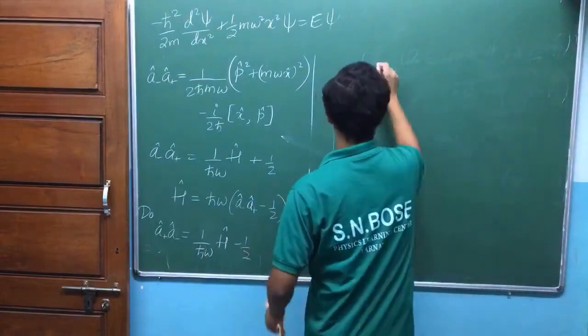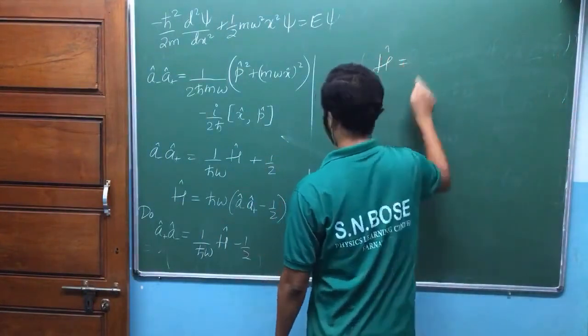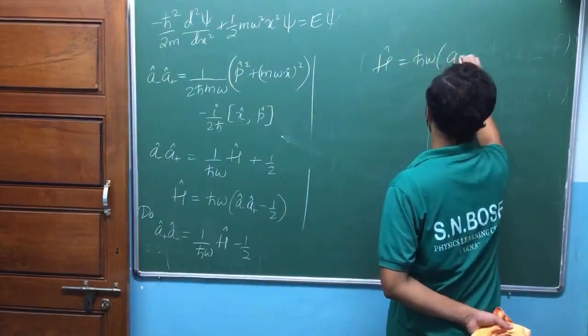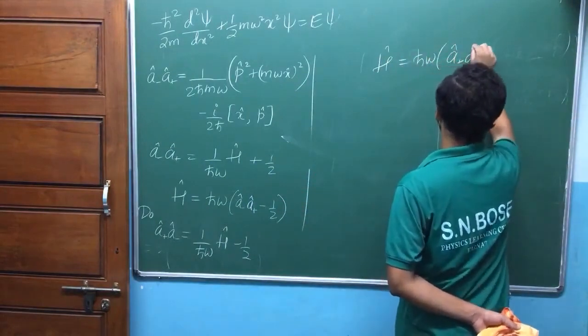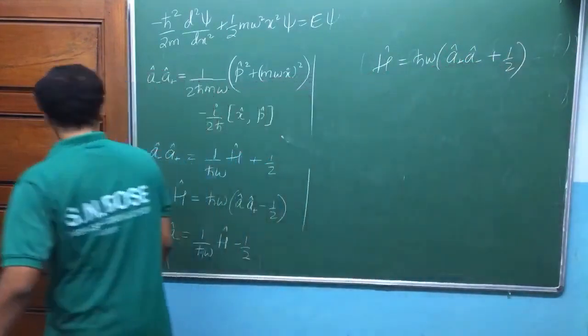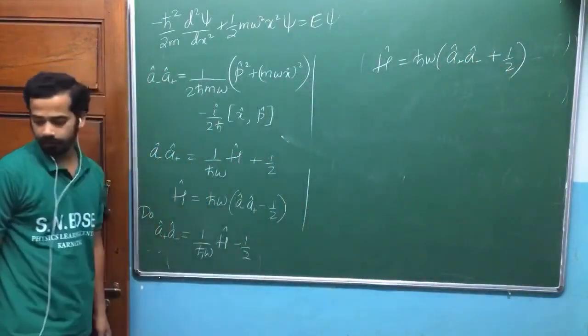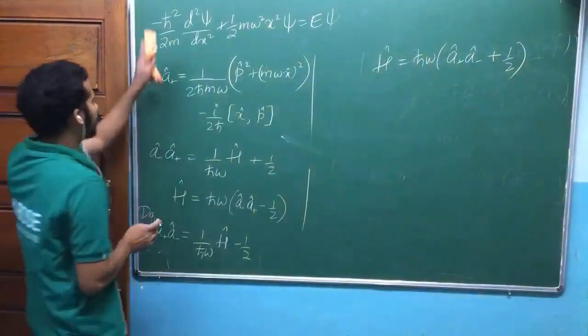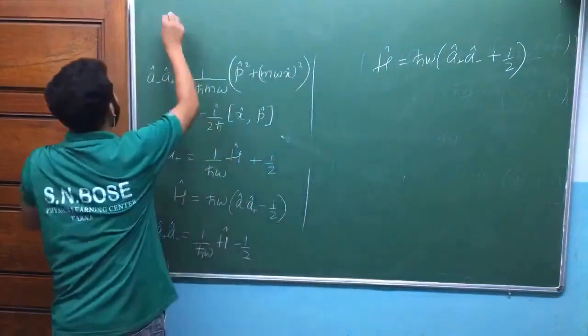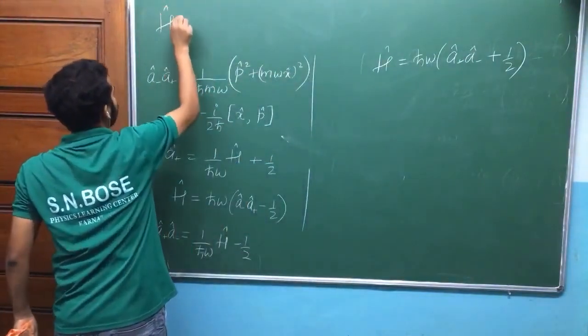Using that equation, if you try to define h cap, that's equal to h bar omega into a plus cap a minus cap plus half. You got two ways of writing the Hamiltonian operator. H cap can be written in two ways.